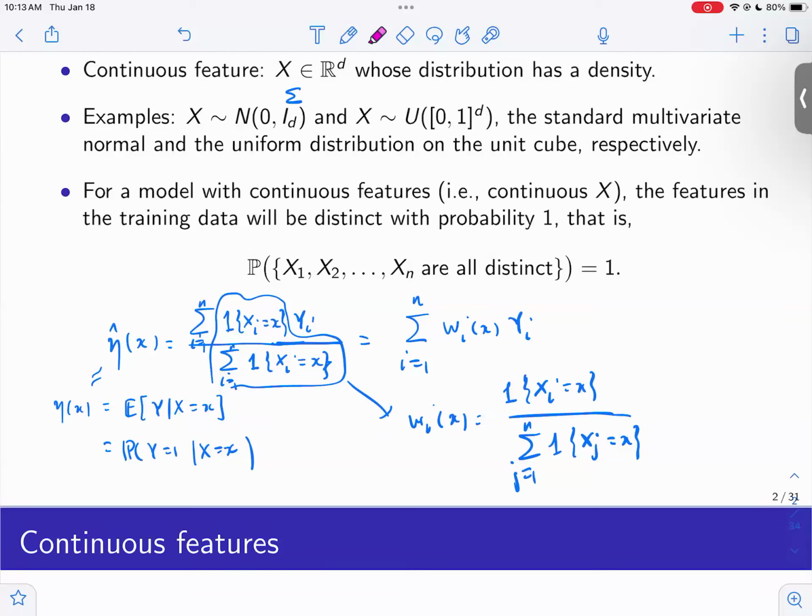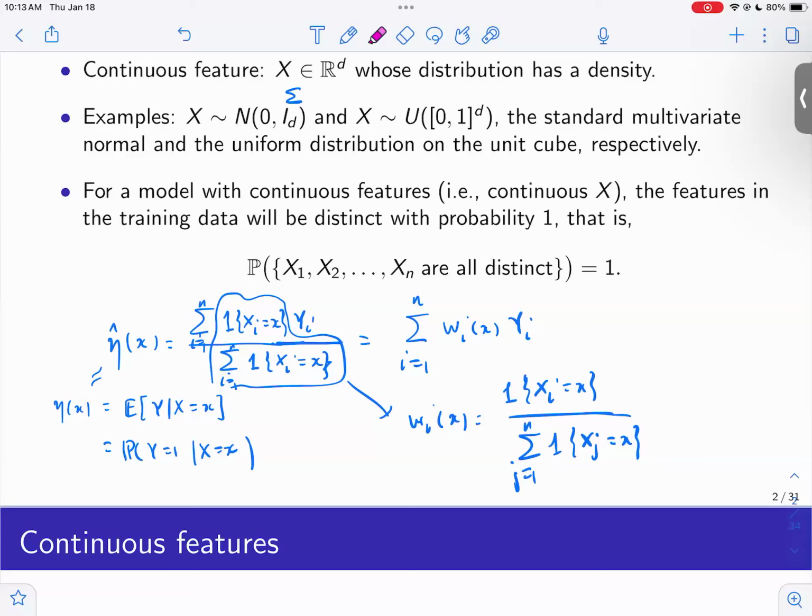Now, in this continuous setting where all data points are distinct, this runs into trouble. So what would this produce?